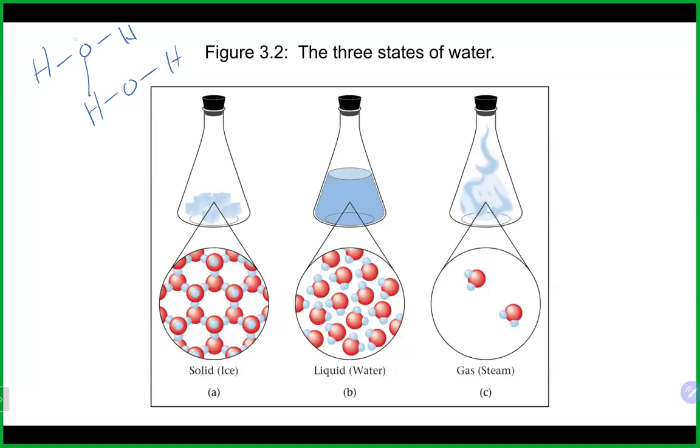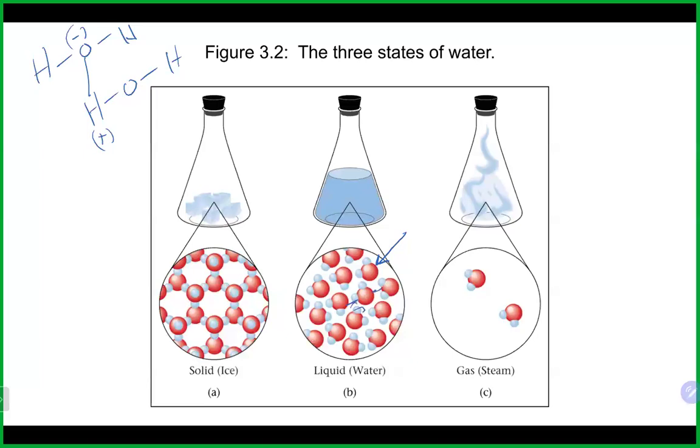One of the important ideas in chemistry is that opposites attract. The oxygen in water is more negative, the hydrogen in water is more positive, and opposites attract each other, and that's how they come together. As water comes together and starts to hydrogen bond with itself, in the liquid state it actually has a lot more energy than it does in the solid state, so it's able to get a lot closer in the liquid state.